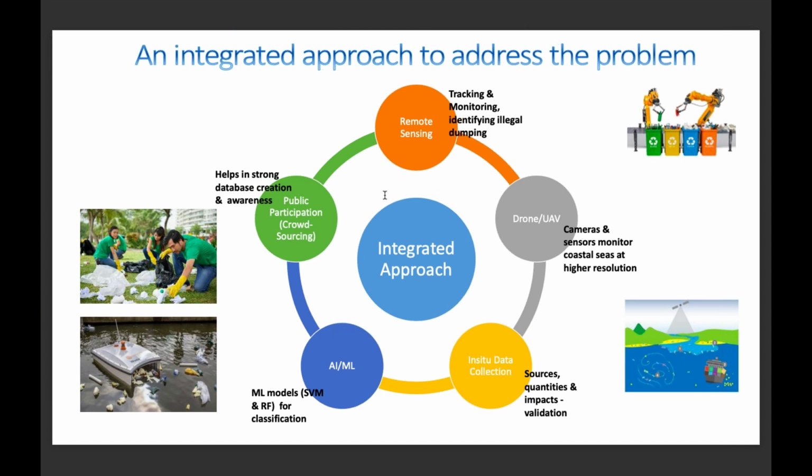Now next comes the in situ data collection. We all know how useful these in situ data are, because field surveys and data collection expeditions can provide very valuable information about plastic sources, their quantities, their impacts, and very importantly, they can help us in validating the algorithms or the methodologies that we arrive at using the remote sensing observations.